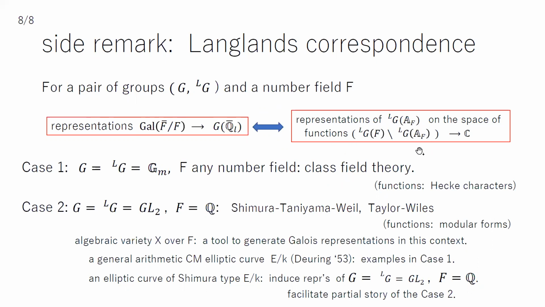I'm not going to explain what the ring of adeles or ideles is, but here's a space with a certain kind of topology on it. And then we may think of a space of continuous functions from this space to the complex numbers. For this space of functions, there is an action of the group LG, the Langlands dual of G, with the adeles of the field F, whatever that is.